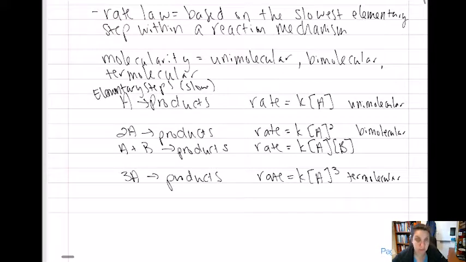Okay, so when we have an elementary step that is a slow step, we can determine the rate law using that elementary step and based on its number of molecules. Okay, so let me give you some examples.